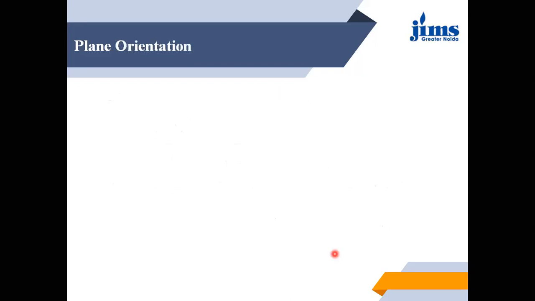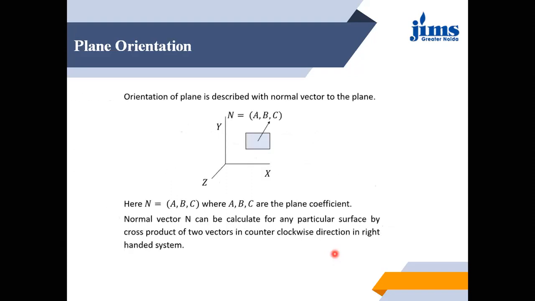Now, if we have a plane, then there are ways in which we can orient the plane. Suppose this is a plane with n equals ABC, then there can be different types of orientation with the x-axis, y-axis and z-axis.